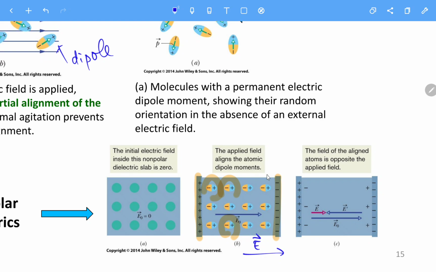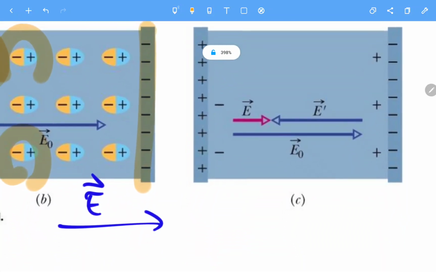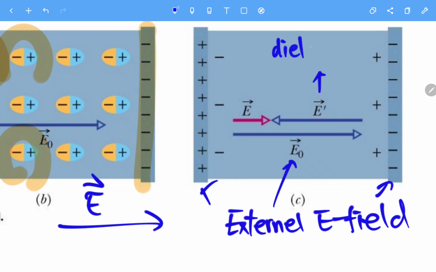So in that case, if all the dipoles align, all the dipoles point to the right side, then all these dipoles will generate an E field. So I will say this E0 is the external E field generated by this one and this one, and this E prime is generated by the dipoles, I mean the dielectric.